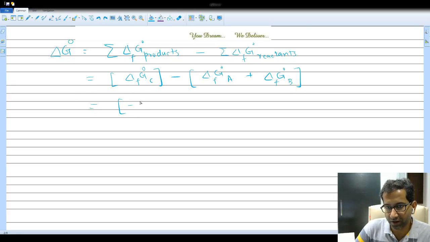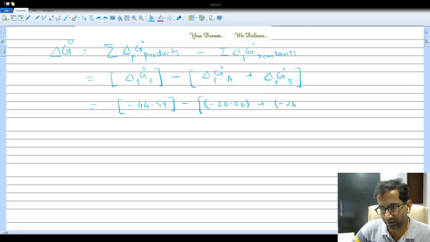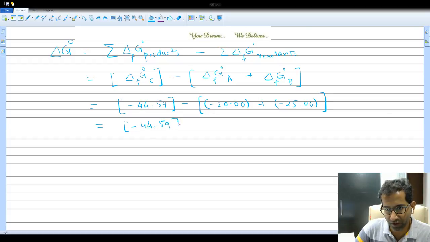Now the values: minus 44.59 minus 20.00 plus minus 25.00, that is minus 44.59 minus 45.00, that is minus 44.59 plus 45.00, and it is positive 0.41 kilocalorie.